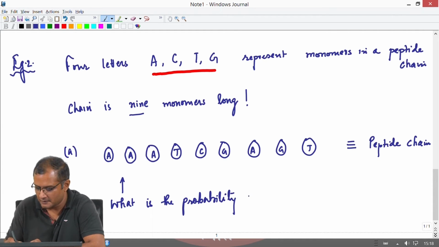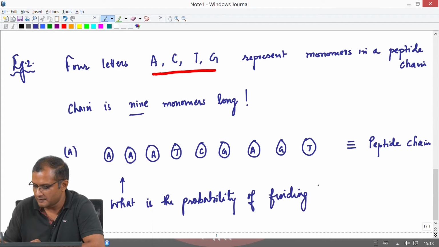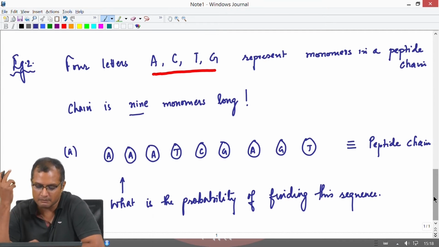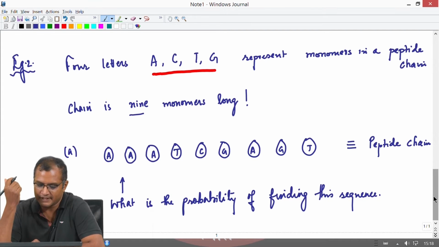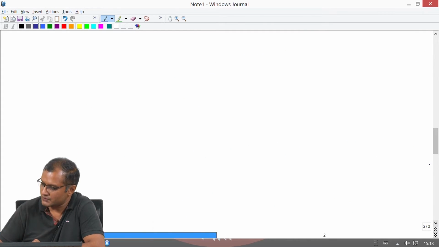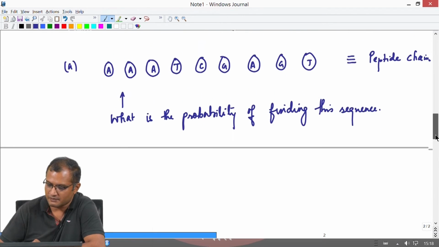Probability of finding this sequence. Now, you can construct a very large number of sequences. Of these large number of sequences, one of the sequences is in front of you, A, A, A, T, C, G, A, G, T. What is the probability of finding this sequence out of those very large number of sequences?